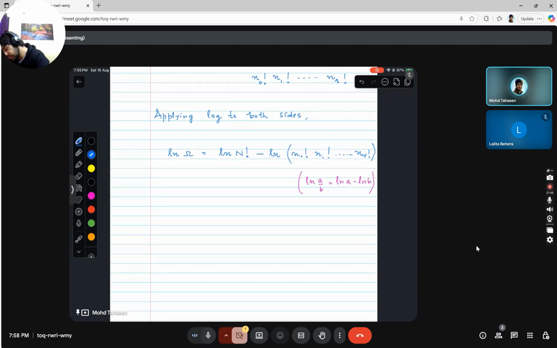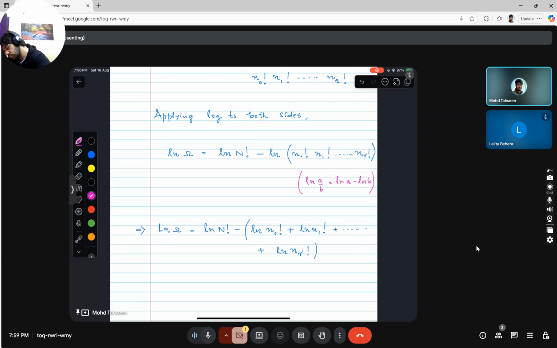We can simplify this further, because now we know that log of a product is equal to the sum of logs, and I'll use that. So log omega is equal to log n factorial minus log of n0 factorial plus log of n1 factorial plus so on plus log of nr factorial.